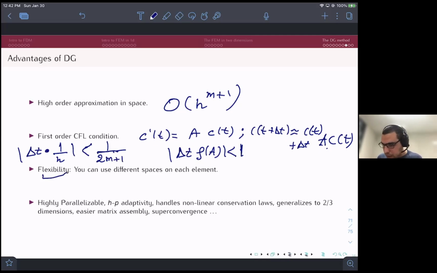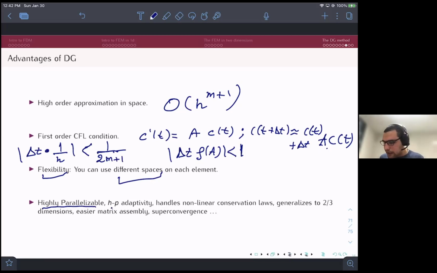Also, it's very flexible. You can use different spaces on each element. You can use degree 1 on one element, and on the neighboring one you can use degree 7 if you want to. Sometimes that's very desirable, especially if our function is smooth in one region and coarse in other regions. It's also highly parallelizable: you can run it on multiple CPUs at the same time, up to millions of CPUs.